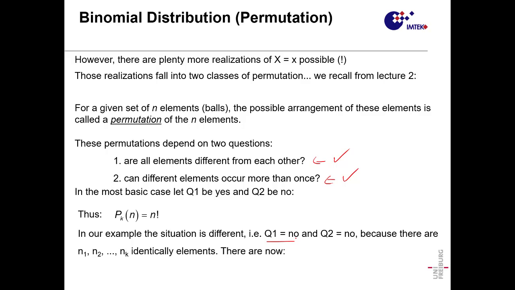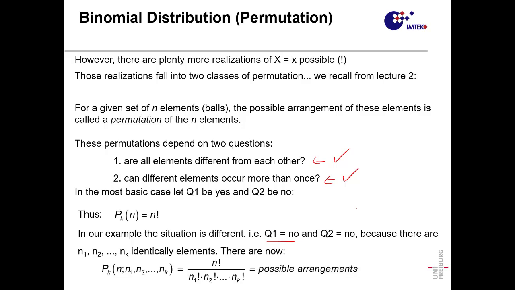And between those blacks, they don't have a number. It's not black number 1, black number 2, and black number 3. It's the same for the white. So you cannot actually differentiate them. And they do not occur two times because we make a replacement of the ball, okay?